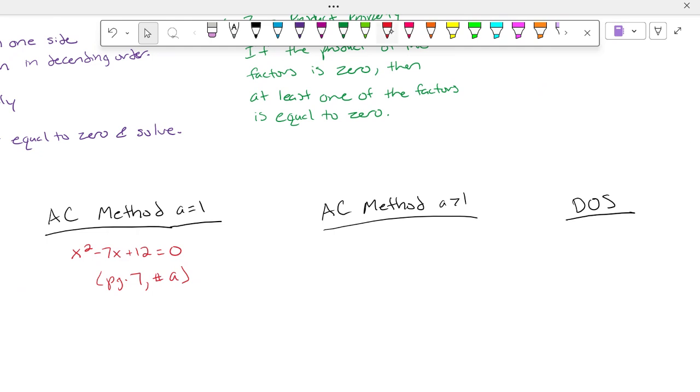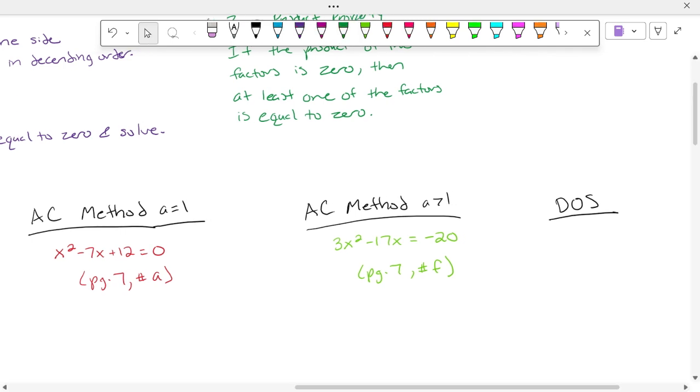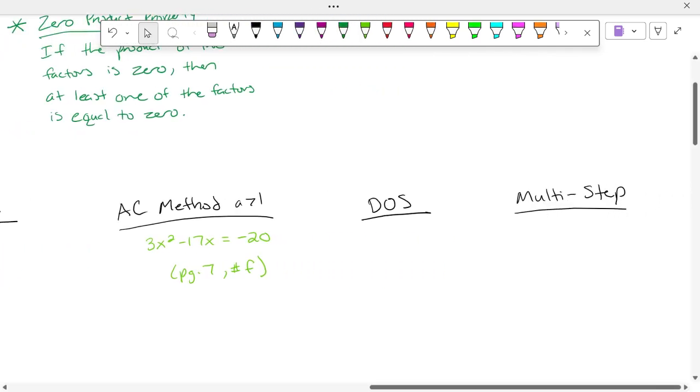So when A is greater than 1, I'm going to do same page. 3x squared minus 17x is equal to negative 20. Still page 7, but it's letter F. Now, I don't know specifically which ones you did with Miss Melby, but I will personally go back and work these out later.